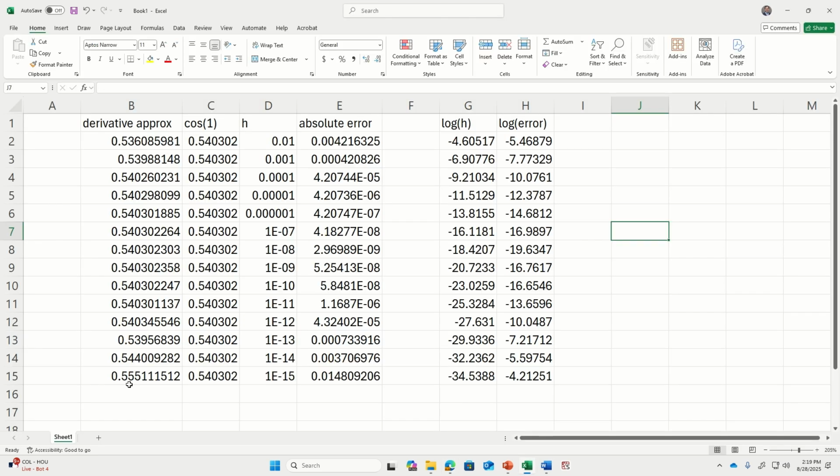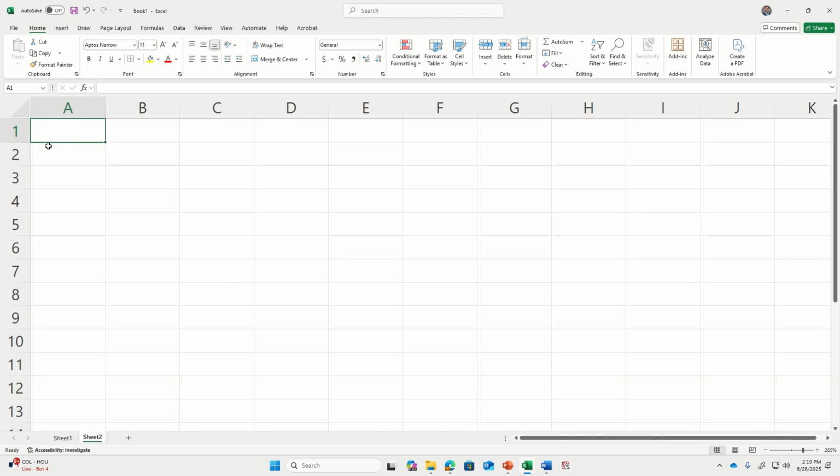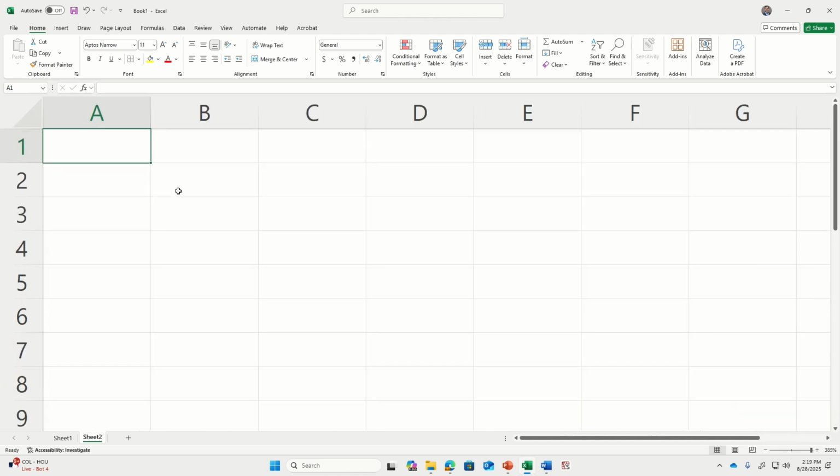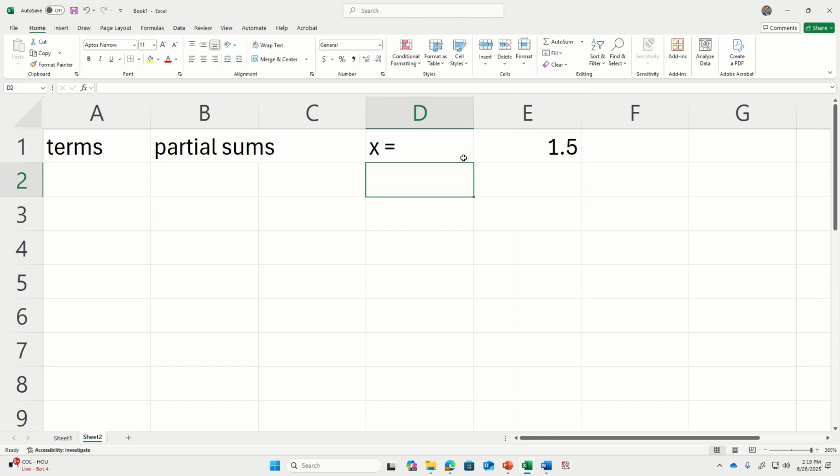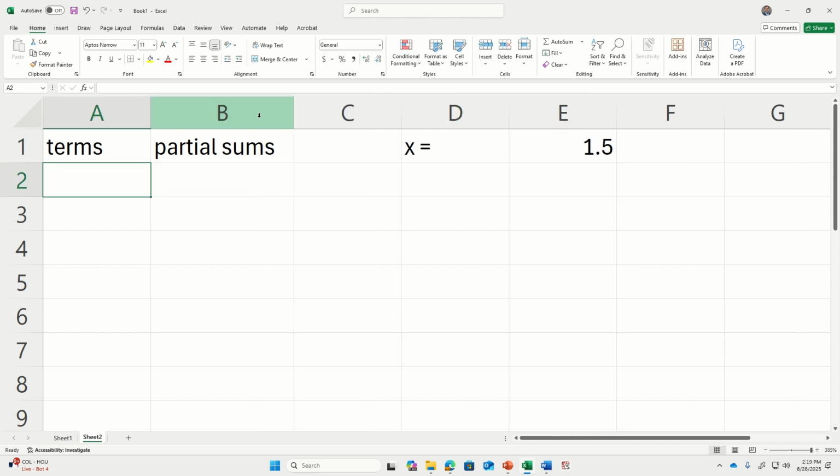Okay? We would say this is going to be the column that contains the terms of my Maclaurin series, and this is going to be the partial sums of my Maclaurin series. And so let's say this is x equals 1.5, and of course the terms are all going to look like 1 divided by k factorial.